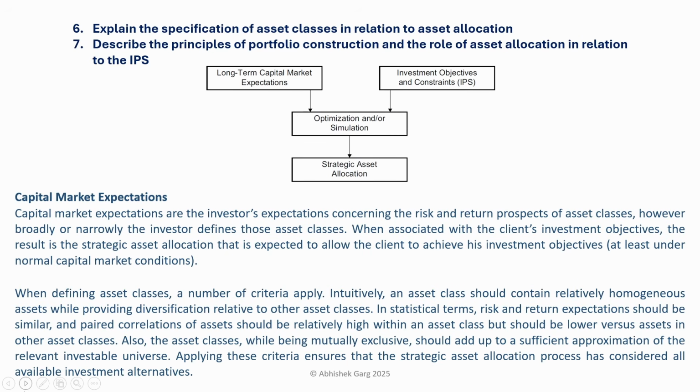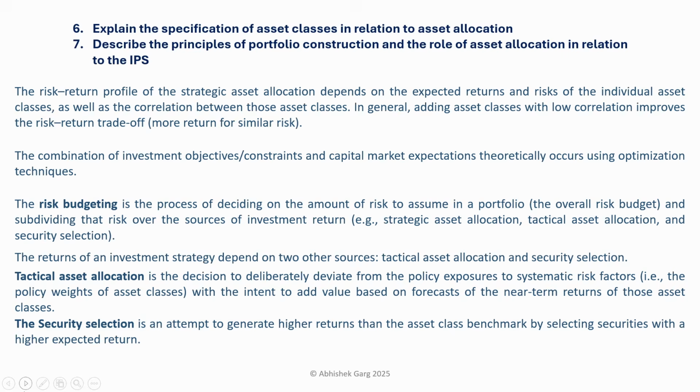But in case we are talking about endowment funds or pension funds, the long term capital market expectations could reach out to 20 years or 30 years also. We take capital market expectations on one hand, then we consider the investment objectives and constraints from the IPS. We consider both of these things and arrive at a strategic asset allocation.